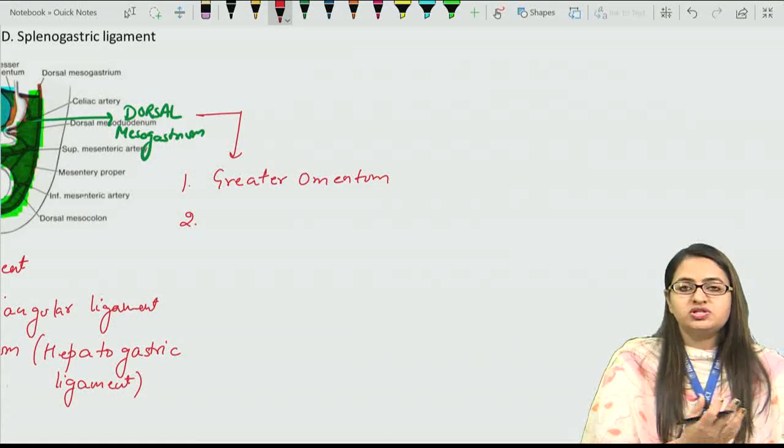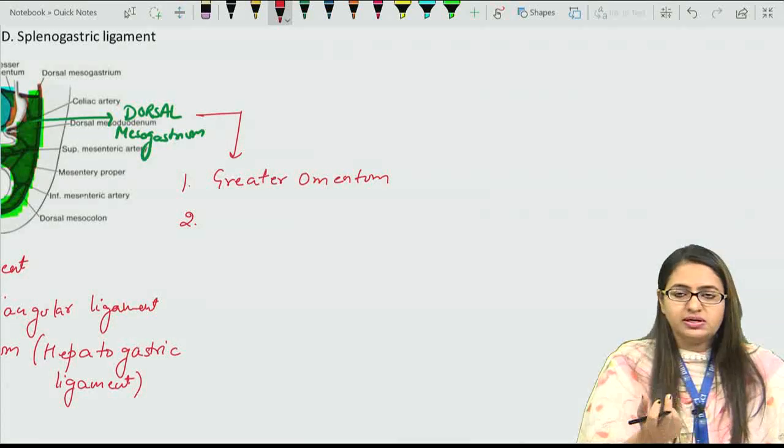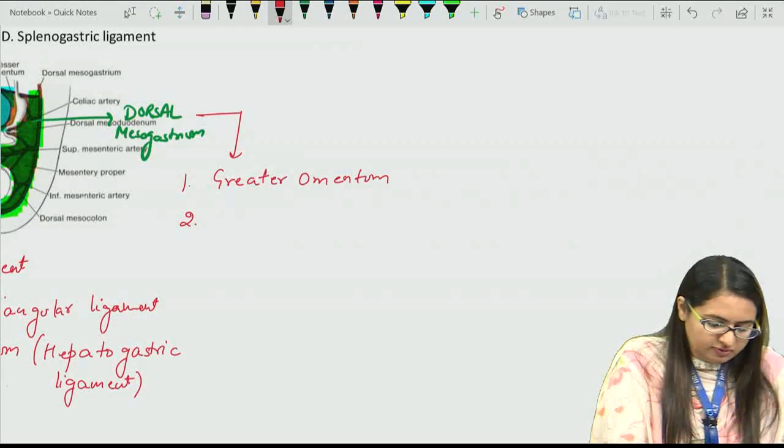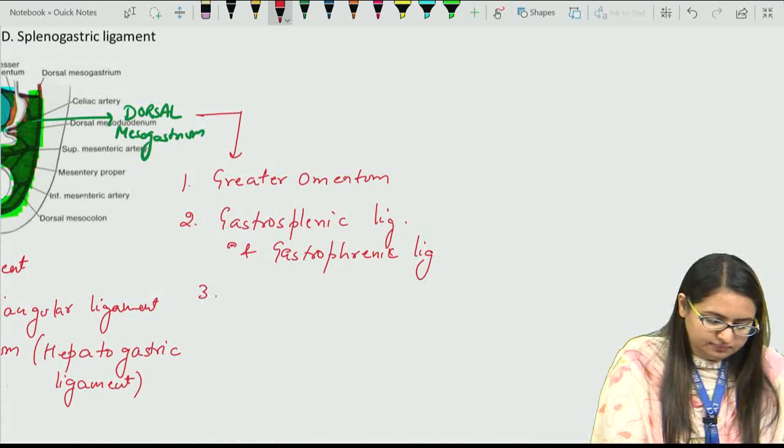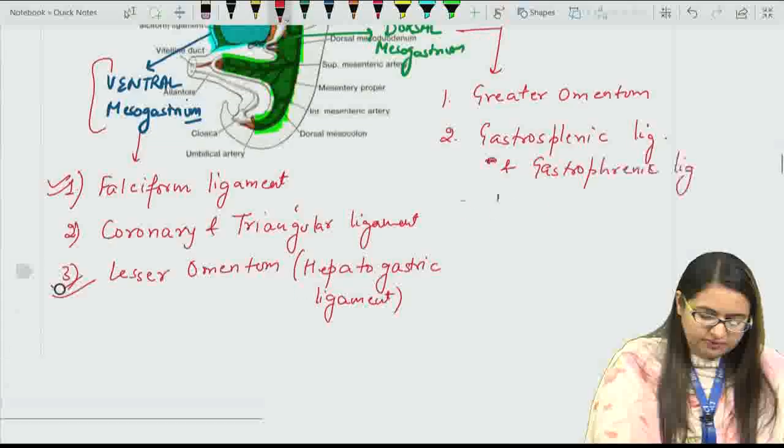Apart from it, the ligaments which extend from the stomach to the spleen and then from spleen to the kidney, we have gastrosplenic ligament, as well as gastrophrenic ligament, then splenorenal or the lienorenal ligament is there.